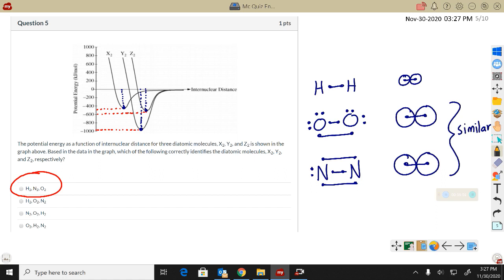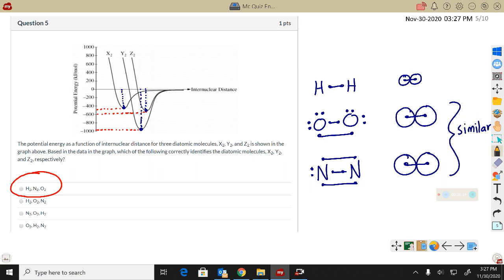Y2 and Z2 are kind of similar in internuclear distance, which must mean that their atomic radius is similar. And so right away I identified x2 as hydrogen. And hydrogen has a single bond, small atom, so that would make sense. Obviously, between these 3, hydrogen is the smallest atom.